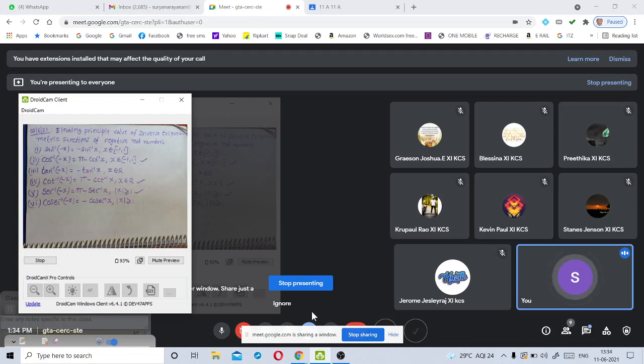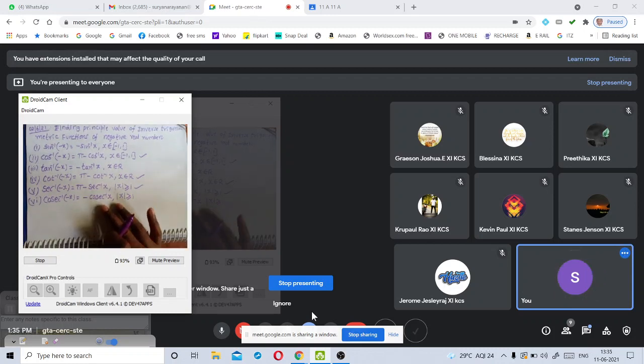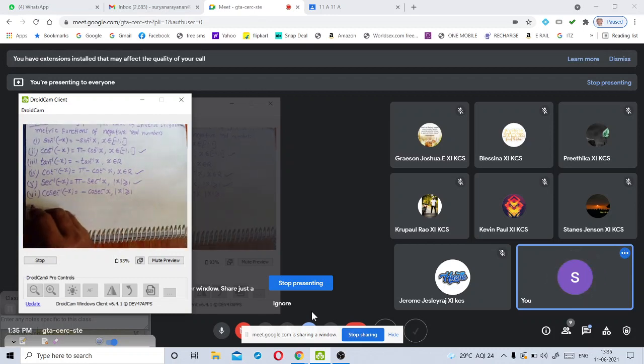Open the textbook, my dear children. Page number 41. See page number 41.